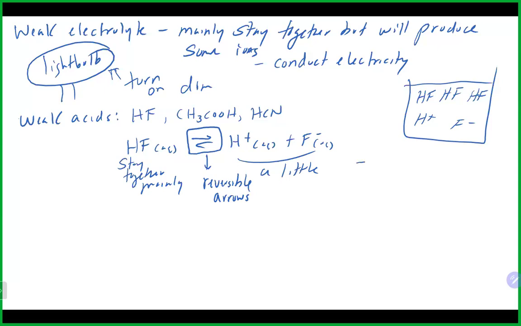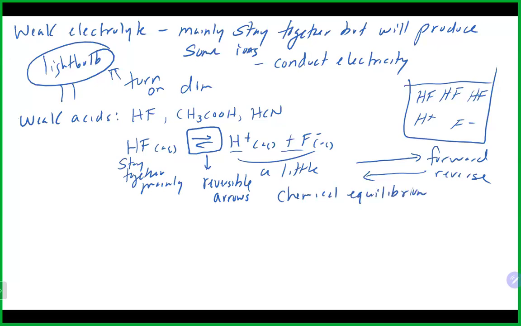It goes from reactants to products, which is known as the forward direction. And then at some point, once you start making some of these products, they will come back together and combine and go back the other way. That is referred to as the reverse direction, which is why the arrows are heading in both directions. It's basically a two-way street. This will eventually come to what is known as chemical equilibrium.